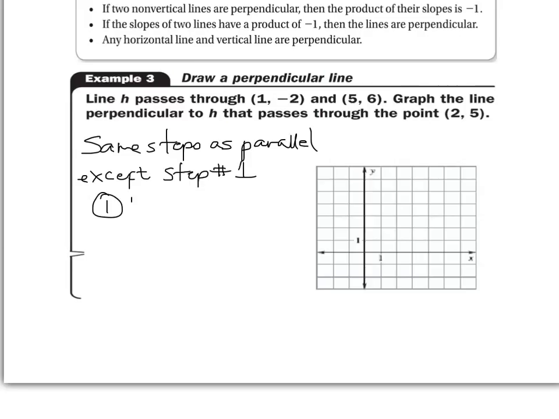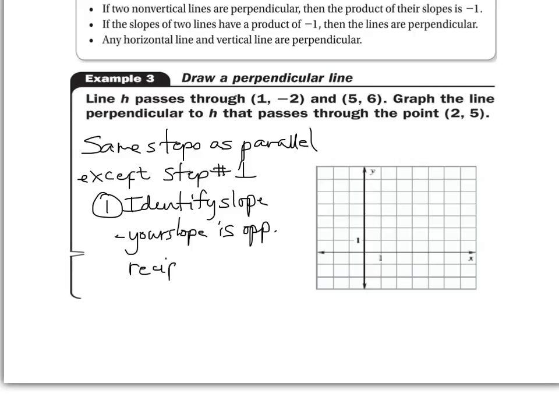Step number 1 says identify the slope of the line that they give you. That part's the same, but then when you identify the slope, your slope is the opposite reciprocal of the slope given. That's the only thing that's different between those steps.